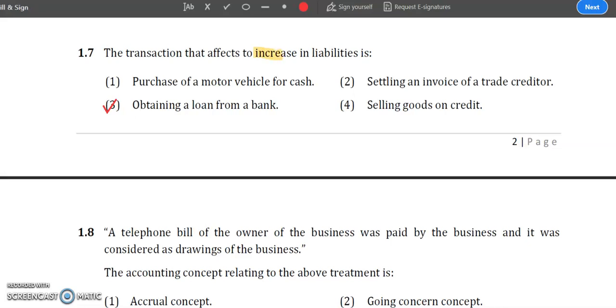The question here is to increase liabilities, so it will reduce liabilities. Selling goods on credit will neither increase nor decrease liabilities. It will increase trade receivables. And obtaining a loan from a bank, yes, it is going to be the answer for this question, because when we obtain a loan from a bank, we get cash and the liabilities will increase.